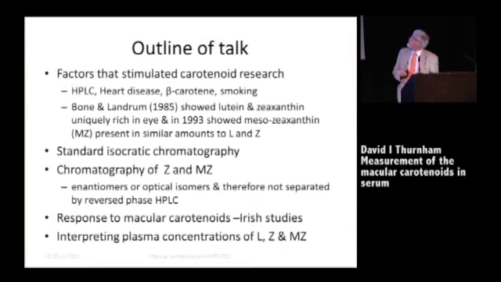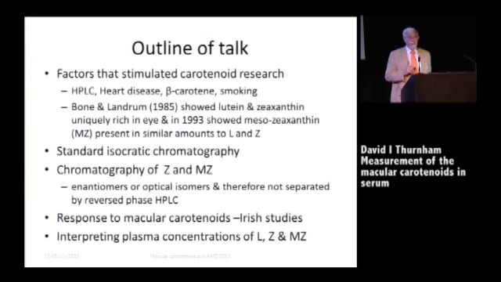The outline of my talk is to look at the factors that stimulated carotenoid research, the standard isocratic chromatography, chromatography specifically of zeaxanthin and mesozeaxanthin. One of the questions that came up yesterday quite a lot of times was the actual response or non-response to carotenoids.